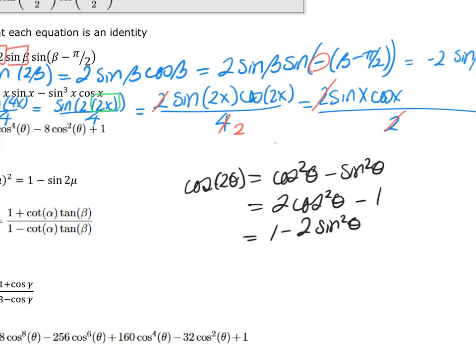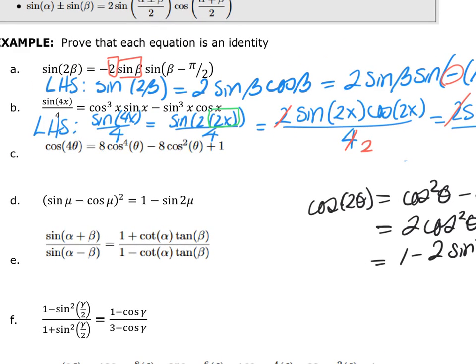Keeping my eye on the prize, I look at what the right-hand side is. That right-hand side does not have 2 anywhere in it. So I'm not going to choose the second one. I'm going to choose that first one. Again, I'm looking right here. That's my eye on the prize. It does not have a 2 in it. And I've already eliminated the 2 in the numerator and the denominator. So I am going to choose the top one because that's the one that does not have a 2 in it.